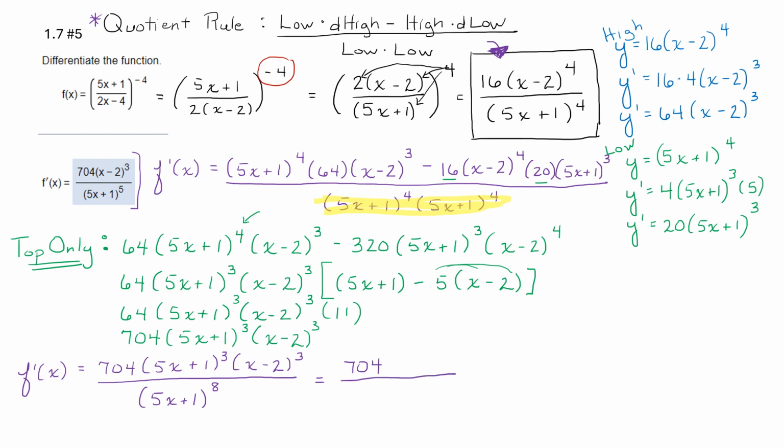So that's going to mean that I'm subtracting those exponents, and since I have more on the bottom, that's where the 5 goes, the exponent that's left. And then I have the (x - 2)^3, and that is my final answer. And you can see that it does match what Pearson said. I hope that's helpful.